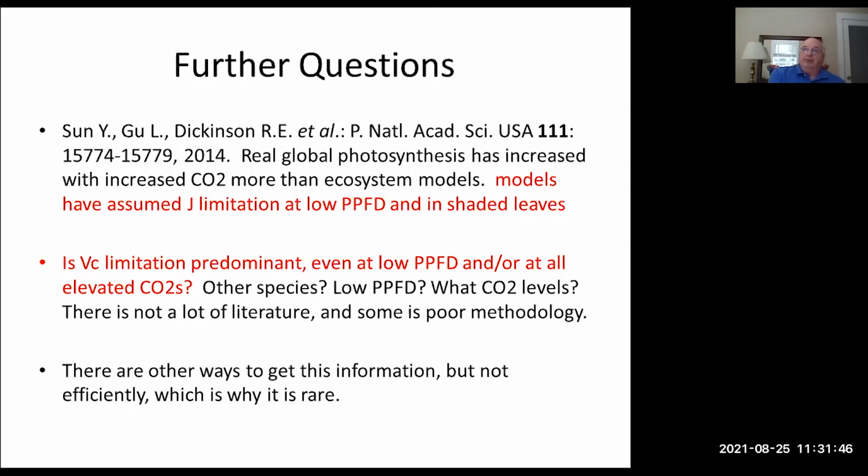The problem with trying to do this with C4s is that the models are not quite there yet to give us unambiguous answers simply from looking at diurnal A/Ci or diurnal patterns of photosynthesis. With C4s, it's really hard to know without a lot more ancillary measurements what the limitations really are. So I'm not really prepared to extrapolate to C4s.